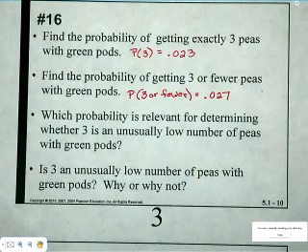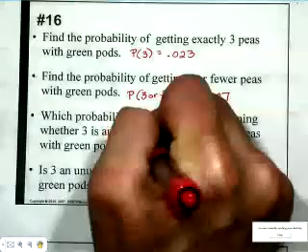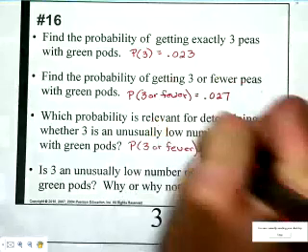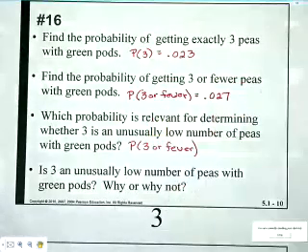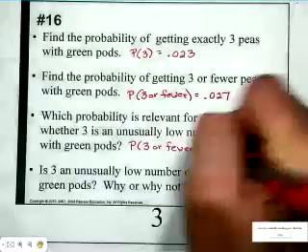Look back at the previous slide that you just highlighted. For unusually low, use the probability for 3 or fewer. Don't use the probability of exactly 3. Use the probability of 3 or fewer. And we have already found that to be 0.027.